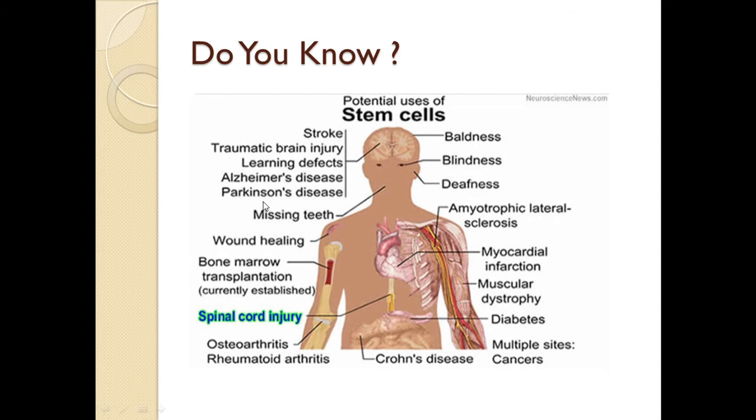It is also useful for missing teeth. Then it is also useful for many brain problems such as stroke, traumatic brain injury, learning defects, Alzheimer's disease, Parkinson's disease, etc. So stem cell therapy is very important.